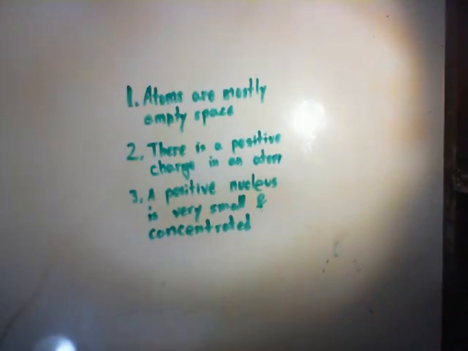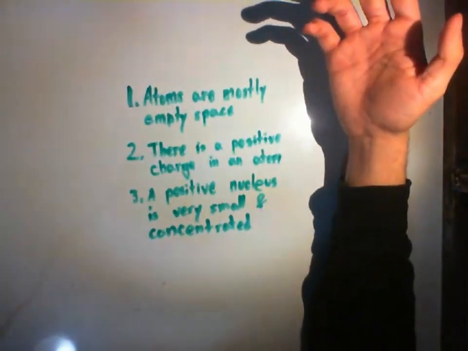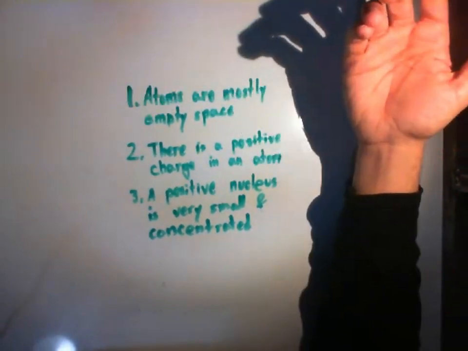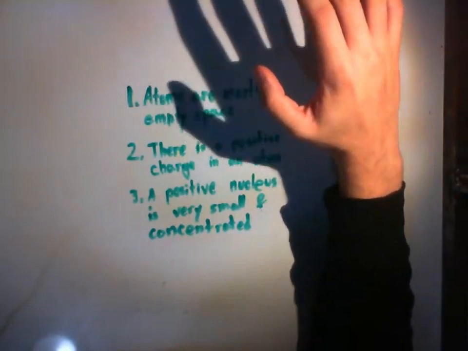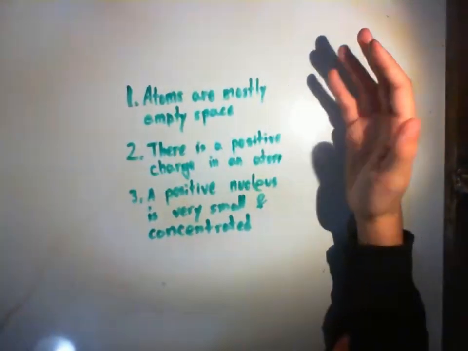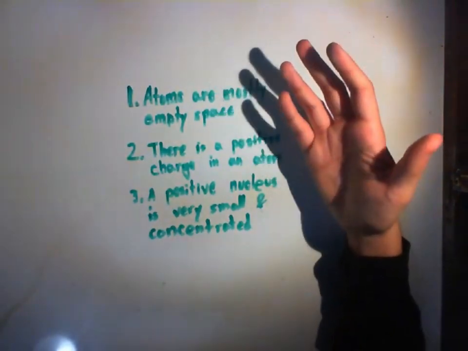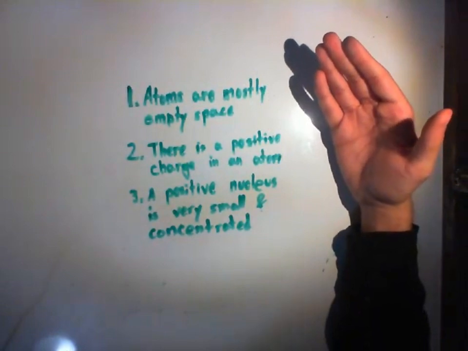The second one is that in an atom, there has to be a positive charge, because for the positive helium ions to deflect off of something, there must be a like positive charge for those ions to deflect off of, because like charges repel and opposite charges attract.